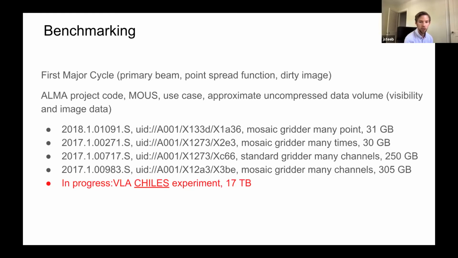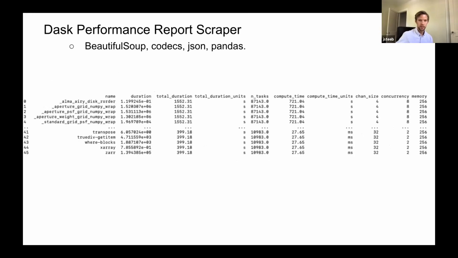Then we have 2 larger ones at 250 gigabytes, for a standard grid example, and another mosaic at 305 gigabytes. Currently we're working on benchmarking a 17 terabyte CHILIS data set. CHILIS is a neutral hydrogen deep field observation, and we are converting and uploading the viz.zarr file, so we will be testing that.